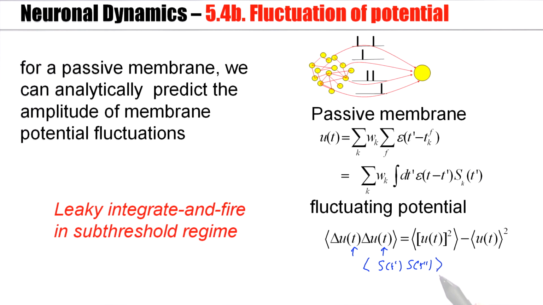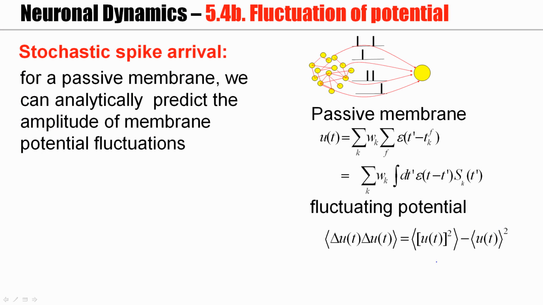Now, a passive membrane is what you would find, for example, in the leaky integrate-and-fire model in the subthreshold regime. In other words, for stochastic spike arrival, in the case of a passive membrane, we can predict the amplitude of the membrane potential fluctuations. We can do calculations and predict analytically what we should see.